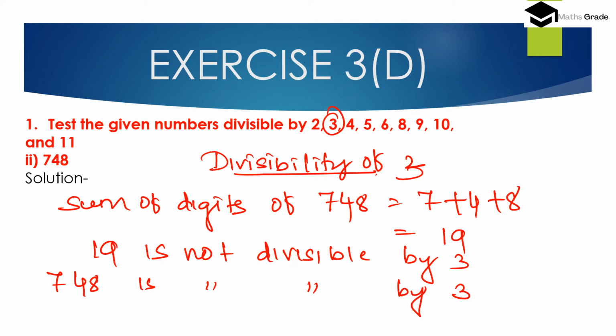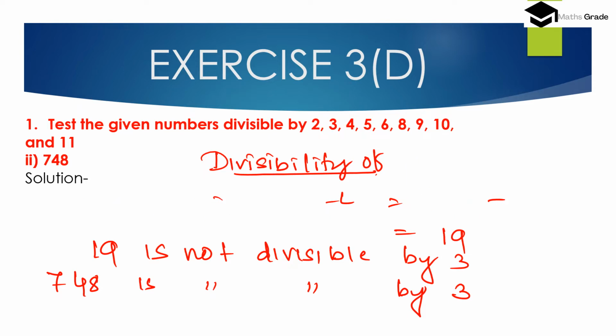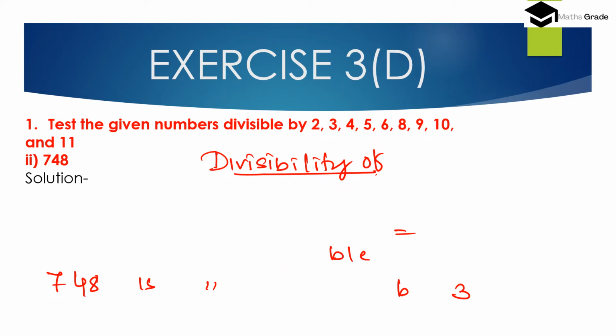Now we will check whether the number 748 is divisible by 4 or not. Divisibility of 4. We know any number is divisible by 4 if the last two digits of the number are divisible by 4.